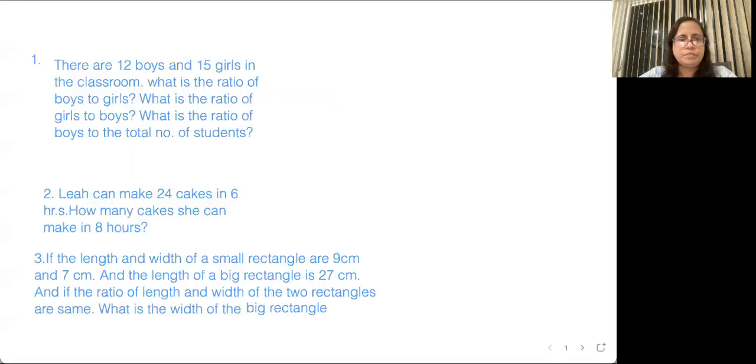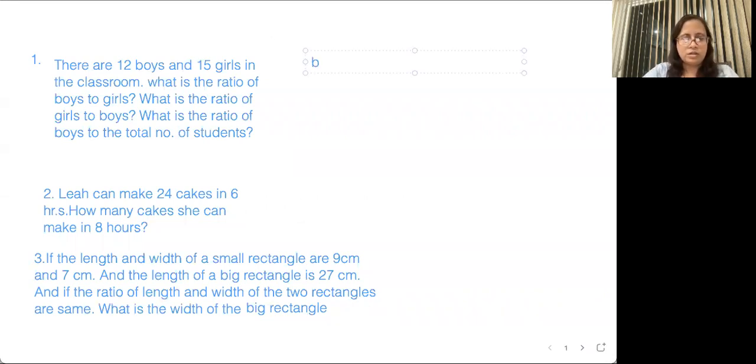Like we have number one. The first question is, there are 12 boys and 15 girls in the classroom. What is the ratio of boys to girls? So here we have to see what is the number of boys.